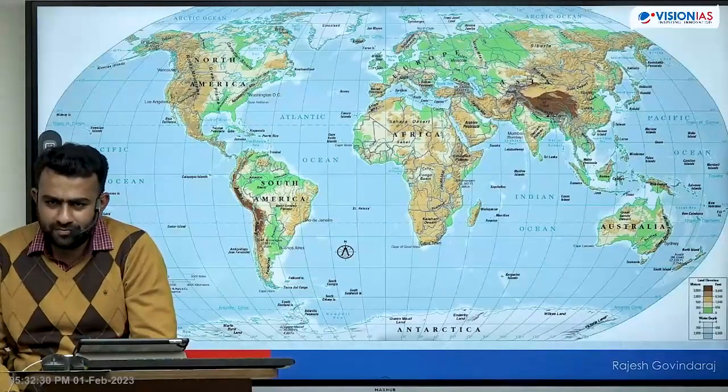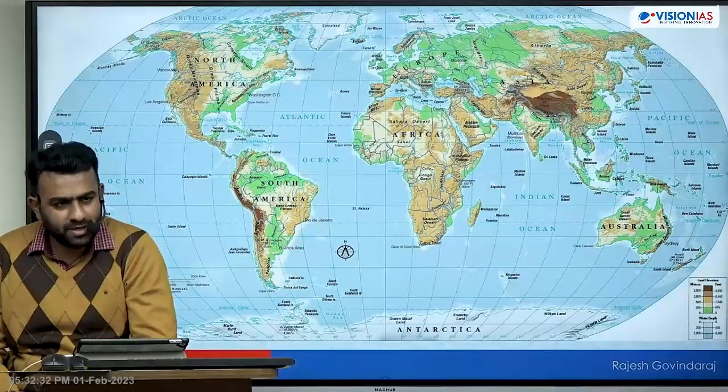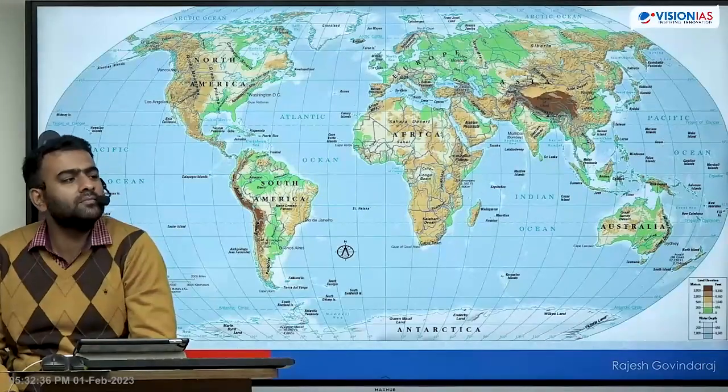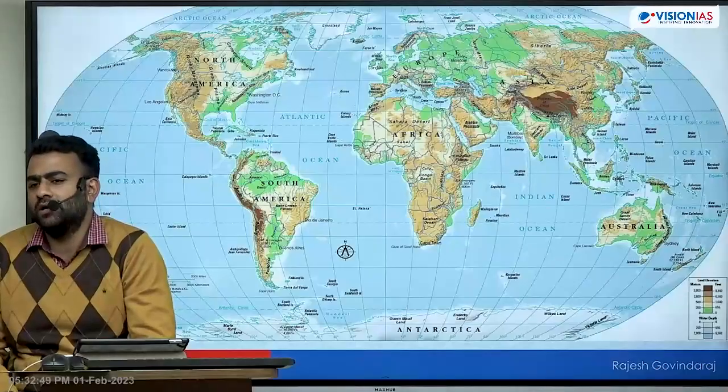That uniform characteristics can be topography or temperature or even vegetation or precipitation. Okay, it is not necessary that it has to be always topography. Topography के ऊपर ही define करने का ज़रूरी नहीं है.